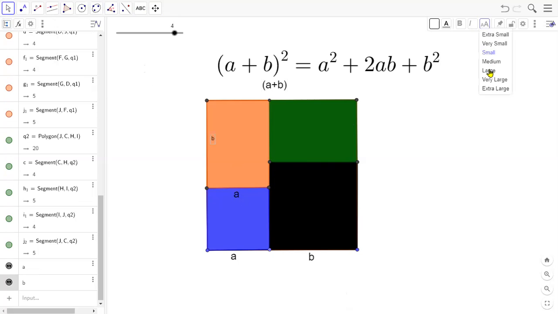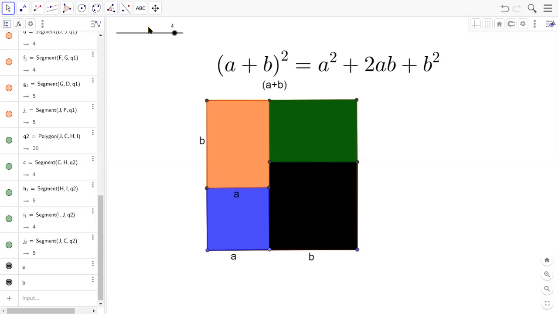Similarly, let's find the measurements of the next rectangle. This is a rectangle with sides a and b units. Similarly, we can evaluate the side lengths of this green rectangle. Here this is b unit, so the length of this green rectangle will also be b unit.